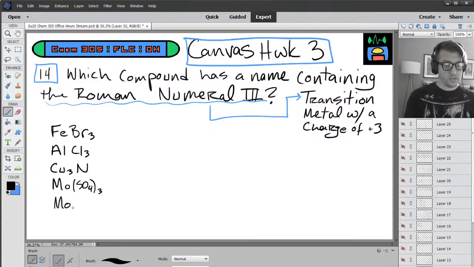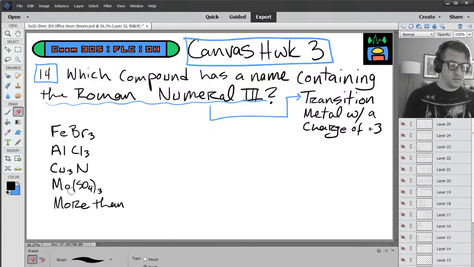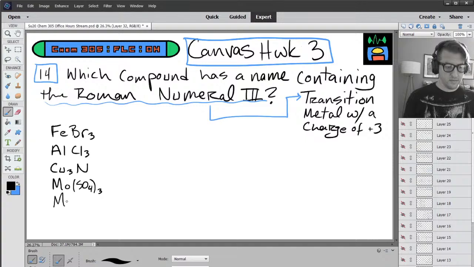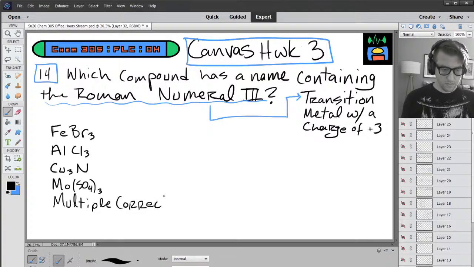Then we have two more options: multiple correct, and none correct.